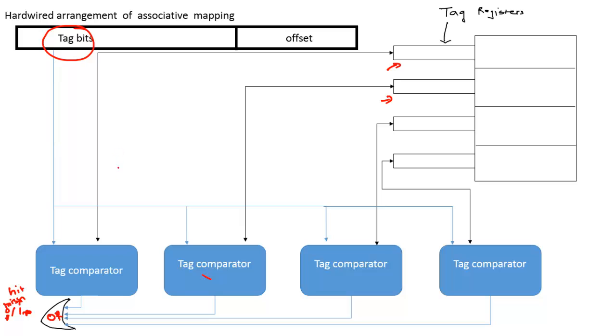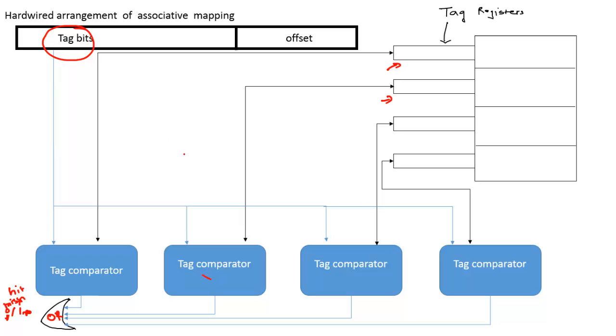We just use tag comparators. In direct mapping, we used only one tag comparator, but here we have to use several, as many as the cache blocks. So here we have 4 tag comparators. Surprisingly, we are using more hardware, but the total access time is less compared to direct mapping.